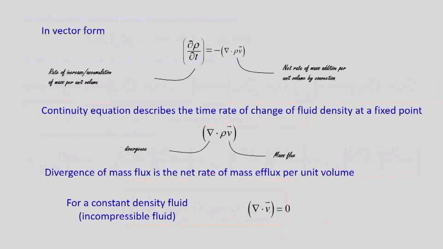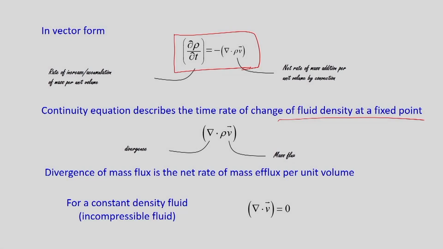Vectorially, this equation can also be written as dou rho by dou t is equal to minus del dot rho v. This del dot rho v is also known as the divergence of mass flux, or divergence of rho v. This continuity equation simply describes the time rate of change of fluid density at a fixed point.